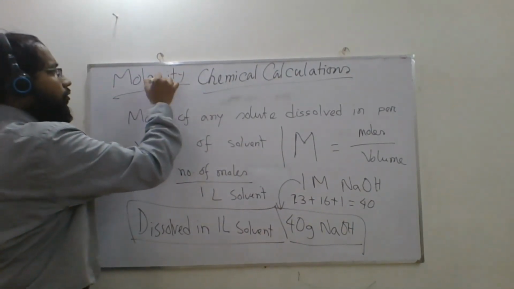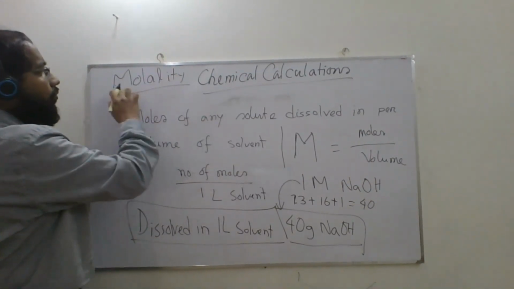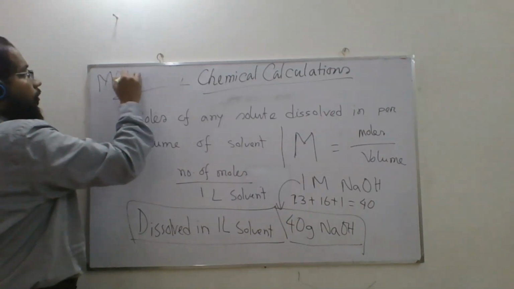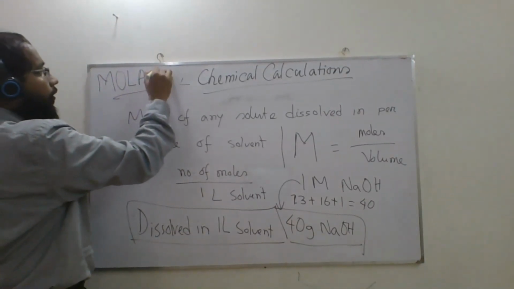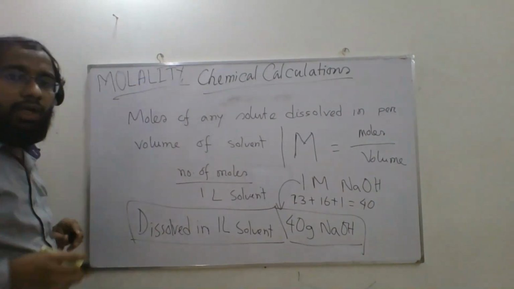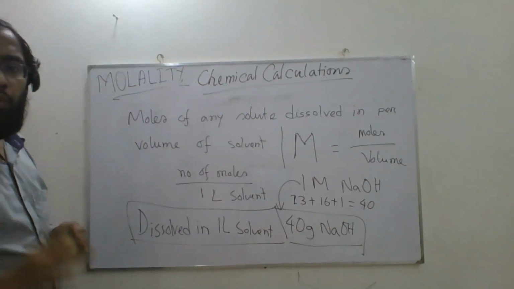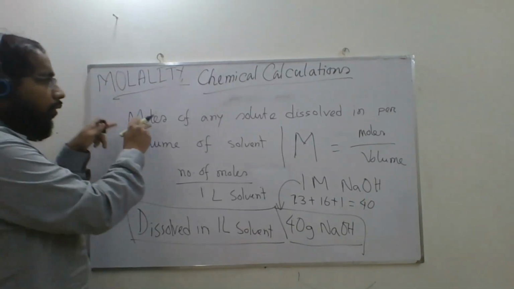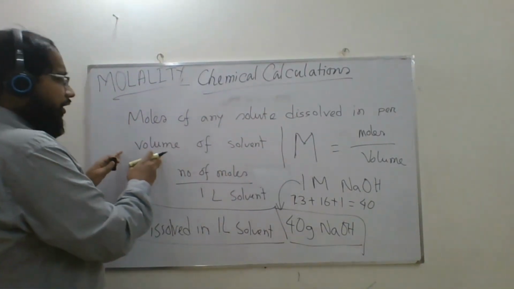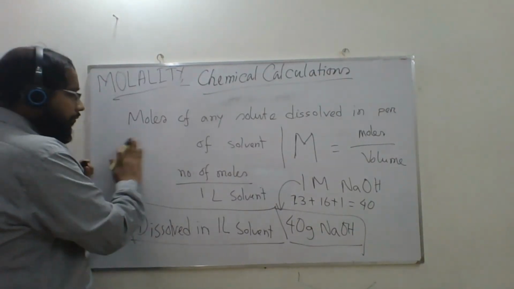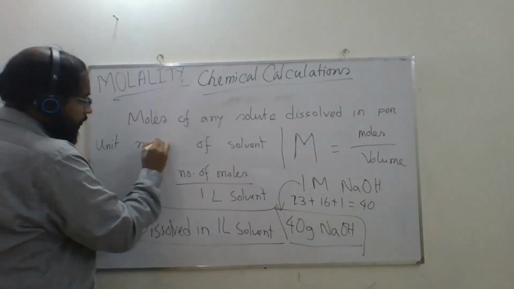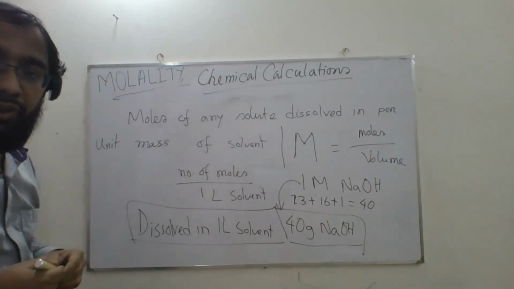I just change the M with L: molality. So it was molarity and then molality. For molality, moles of any solute dissolved per unit volume will be converted to per unit mass.